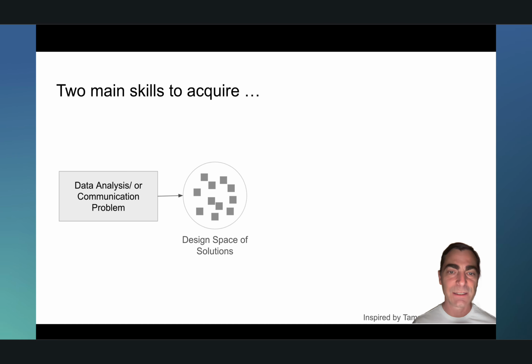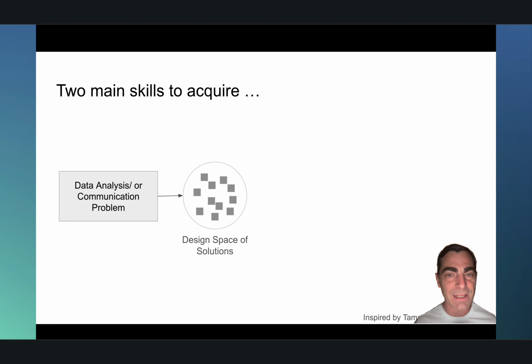So how do you go about finding appropriate solutions within this design space? Let me remind you, if you remember the diagram that I showed you at the beginning, that visualization is not just about finding the right visual representation, but it's also about, for instance, finding the right data transformations.